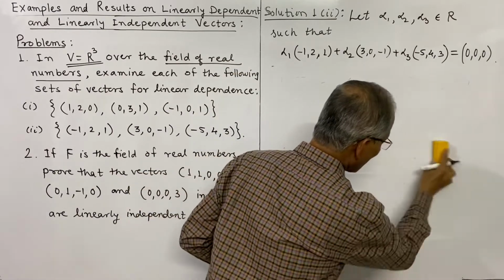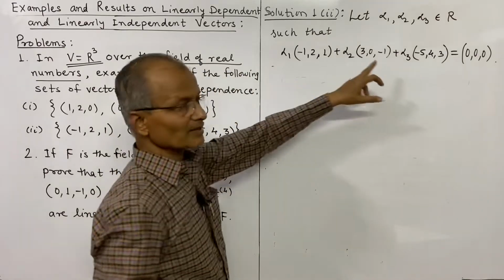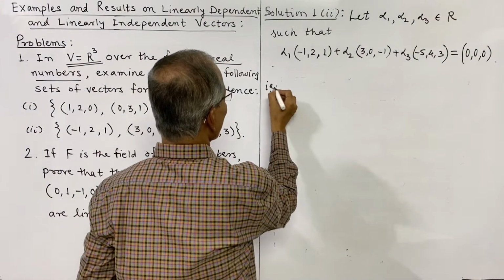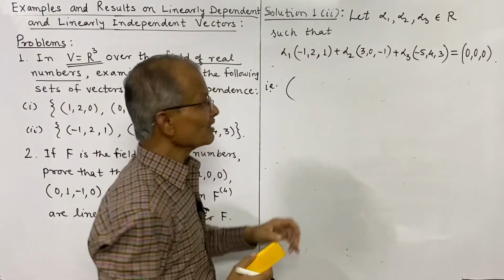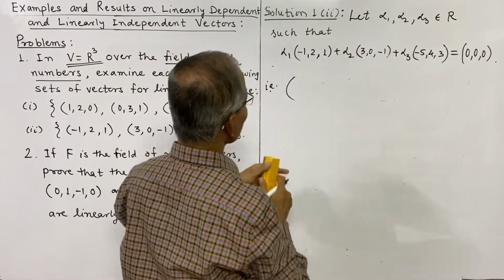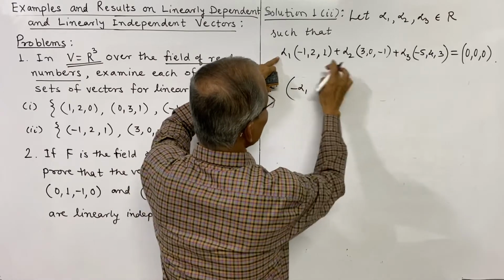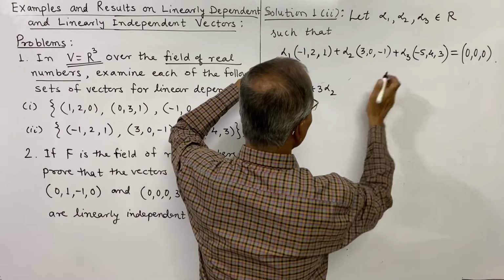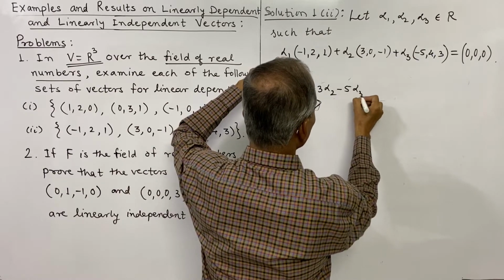As earlier, we will have to do scalar multiplication first and then addition. So I shall write directly, that is minus alpha 1 first component, then 3 alpha 2, and then minus 5 alpha 3.